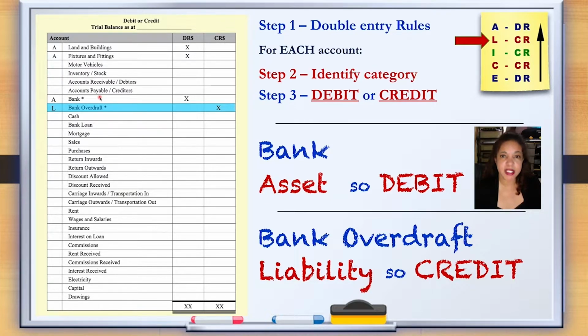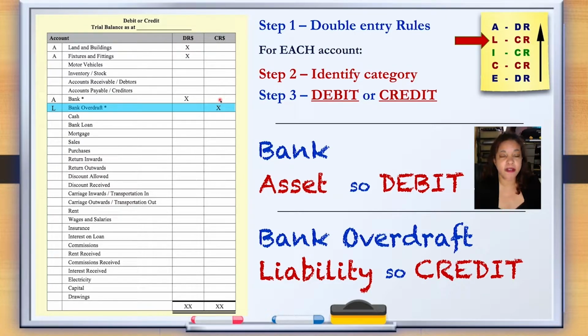Bank overdraft is the liability. Now, some questions, what they have done, if they are giving you the trial balance, so you don't have to prepare it, they will have bank, so the word bank, but then you would see the amount on the credit column.